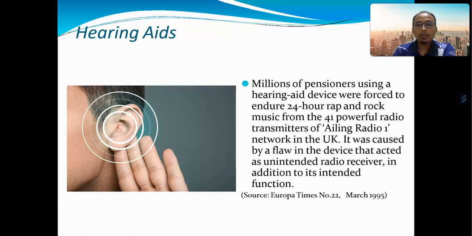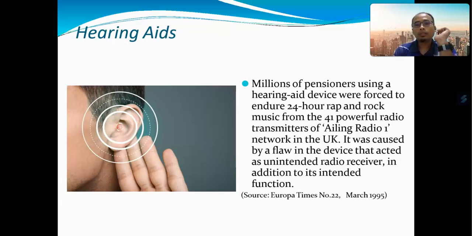The investigation found that the cause of this incident was a flaw in the device that acted as an unintended radio receiver. So this hearing aid is functioning as an unintended radio receiver.